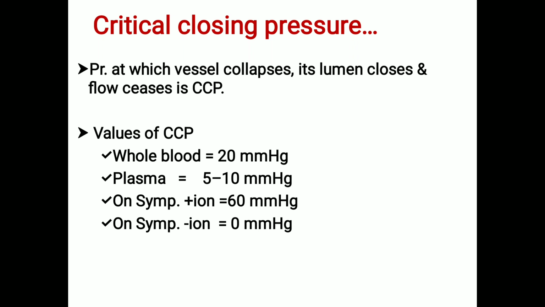Then arterioles in the systemic circulation 60 millimeters of mercury, metarterioles 40, capillaries 25, venules low pressure, 10 millimeters of mercury. Then the superior and inferior vena cava in systemic circulation, 2 millimeters.